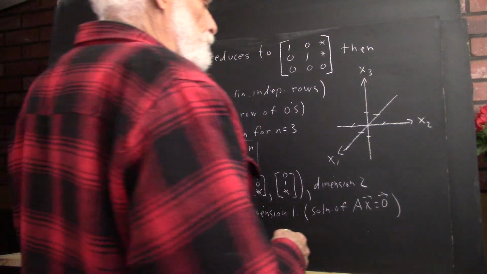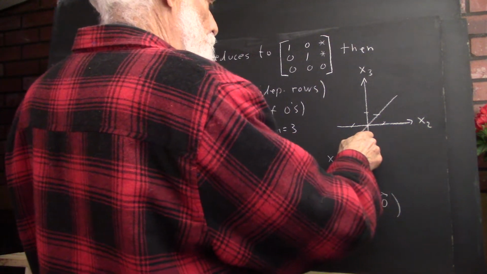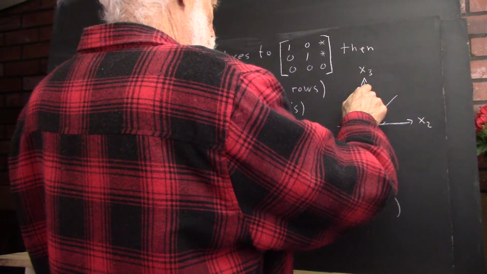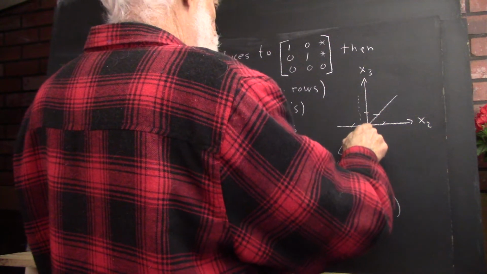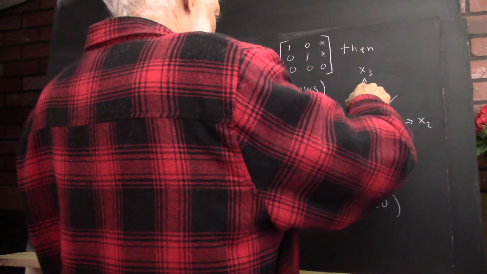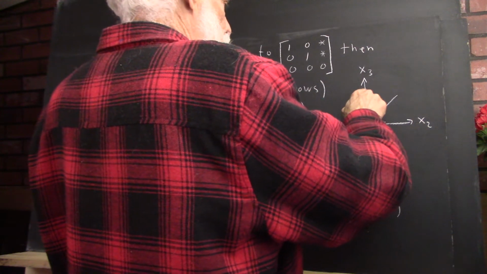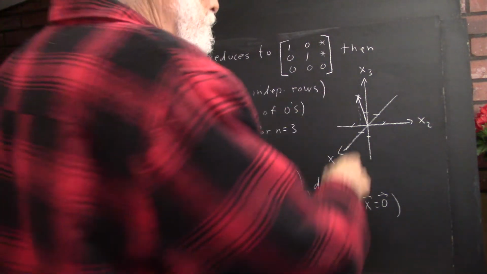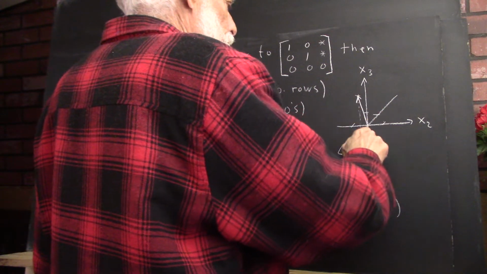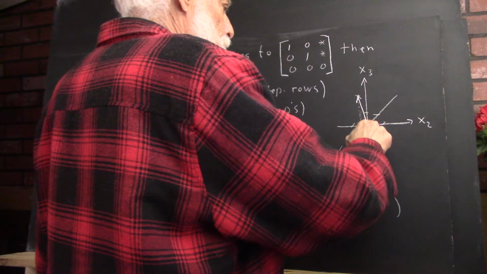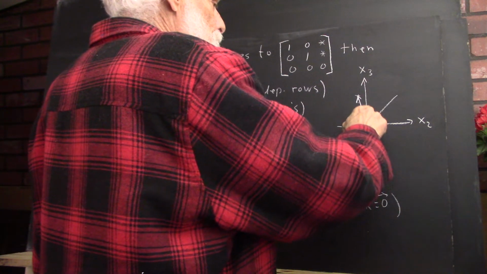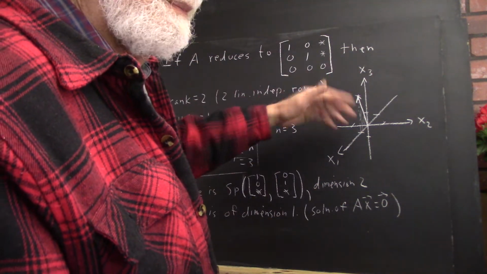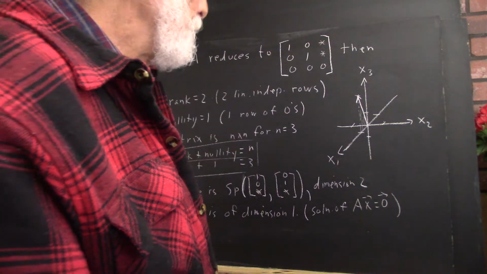Okay, so 1, 0, asterisk, we have an x1 coordinate of 1, x2 coordinate of 0, and an x3 coordinate of whatever, so that this vector could be depicted like so, and we see from the dotted line, and maybe a little bit of shading, that this triangle lies in the x1, x3 plane, and this vector is the hypotenuse of that triangle.